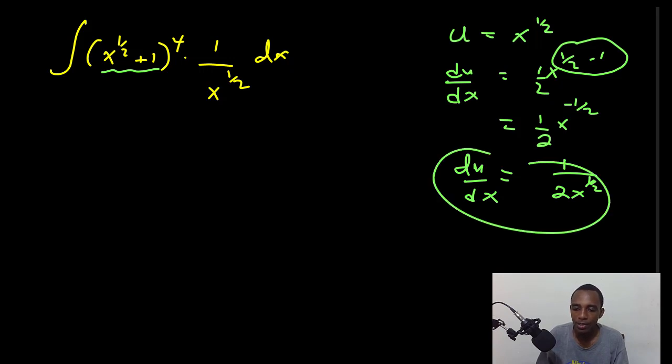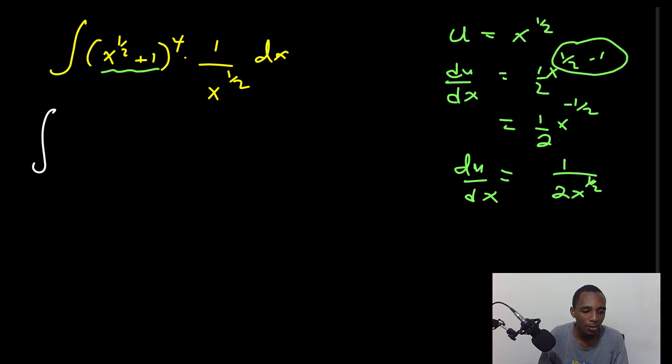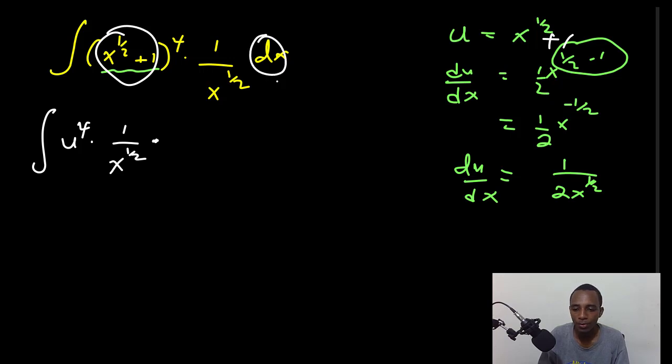I'll use this to substitute for dx here. So the integral of, let me just say plus 1, which of course does not change the derivative, is u to the power 4 times 1 over x to the power 1/2, times dx, which is 2x to the power 1/2 du.